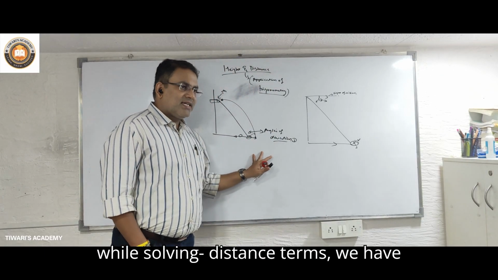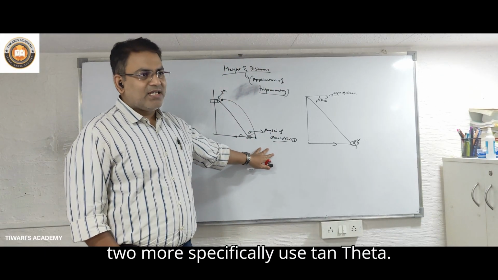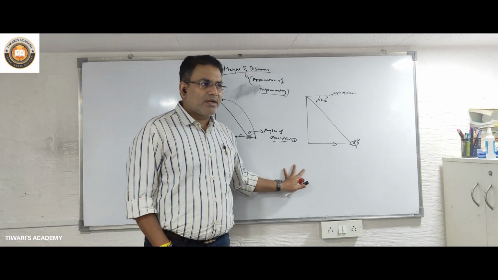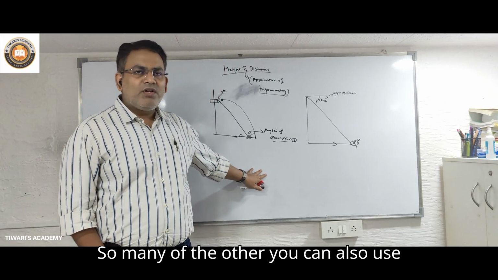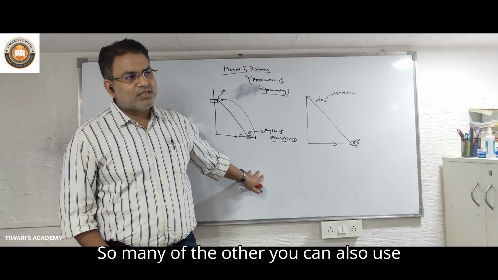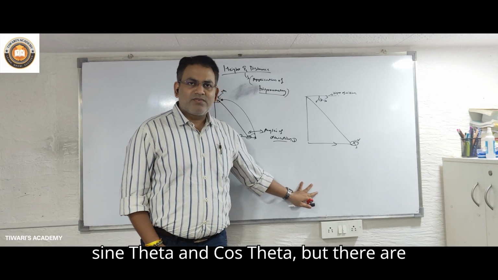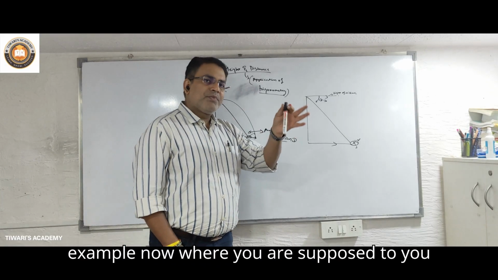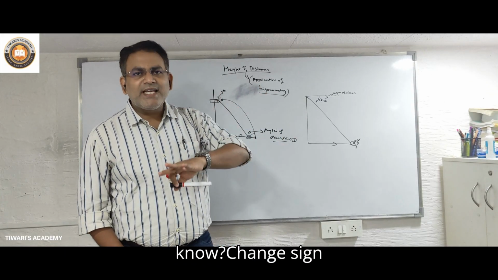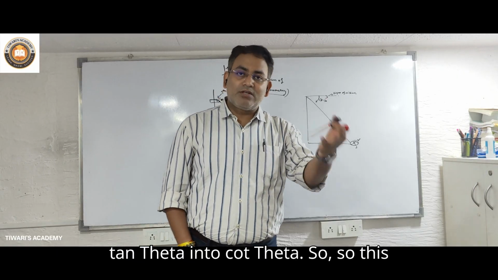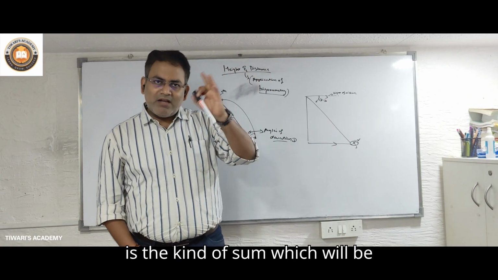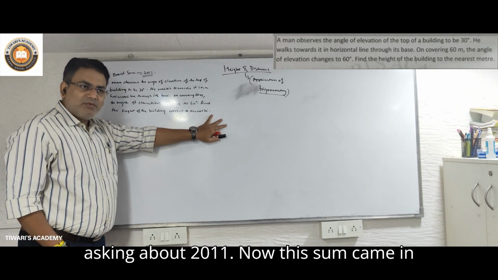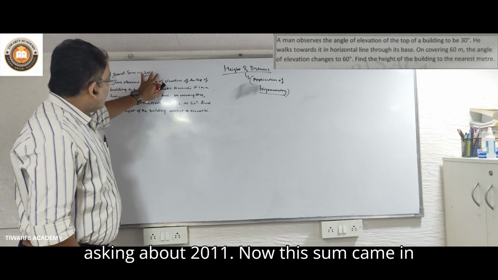So while solving heights and distance sums, we have to more specifically use tan theta, but some way or the other we can also use sine theta and cos theta. But there are a few specific kinds of sums where you are supposed to change tan theta into cot theta. So this is the kind of sum which will be asked in your board.